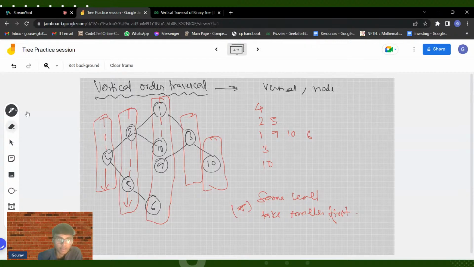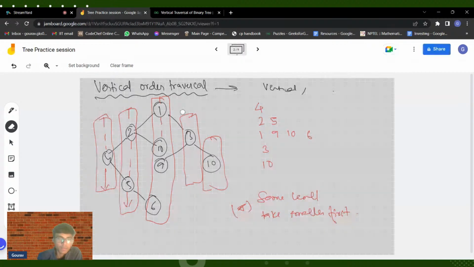Why do we need both? Because the vertical number will help us know in which vertical the node is lying, and we also need to know the level number. So there will be 2 parameters we need to take care of. Can anyone tell me what should be the vertical and the level of root 1?